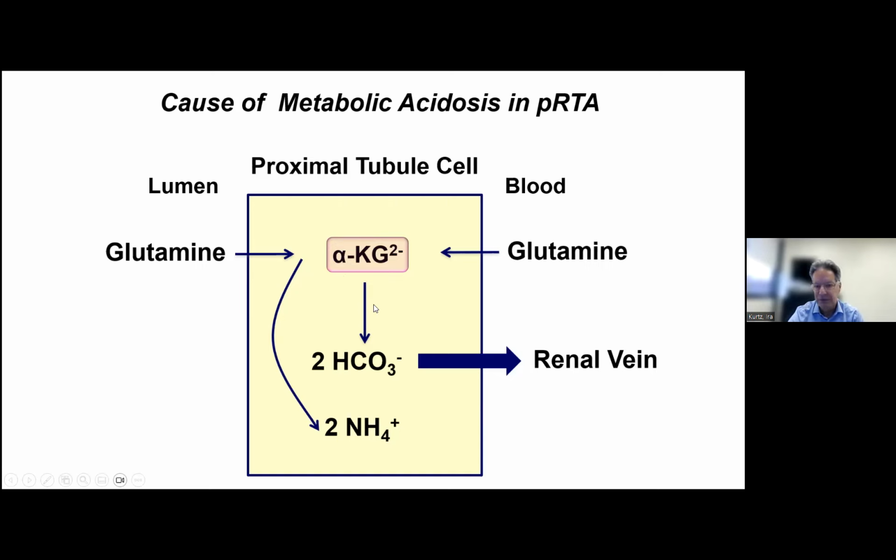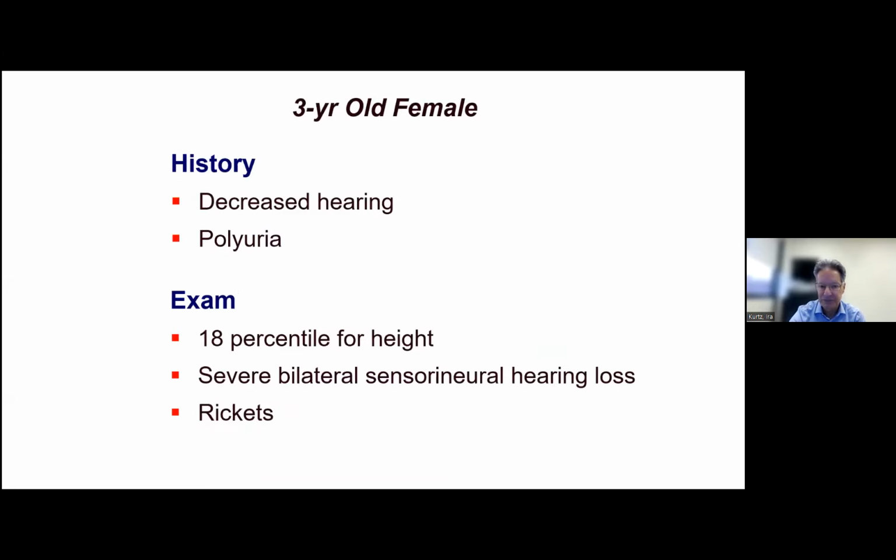People have some evidence for this in animals and in some humans, and the suggestion is maybe the cell pH is lower than normal also, not just the blood, and that's impairing these processes. And so if you don't make enough new bicarbonate from alpha-ketoglutarate, then you're not going to be able to match your daily hepatic proton load as easily. So that's another mechanism that people have talked about. But the major mechanism is an abnormal absorption of bicarbonate from the glomerular filtrate, not this process, which involves new bicarbonate generation. It's not the major cause.